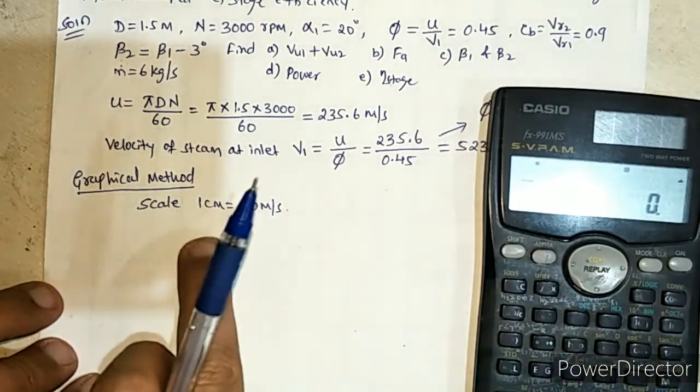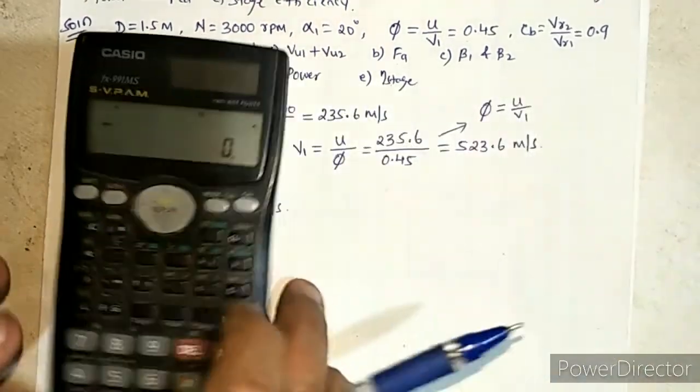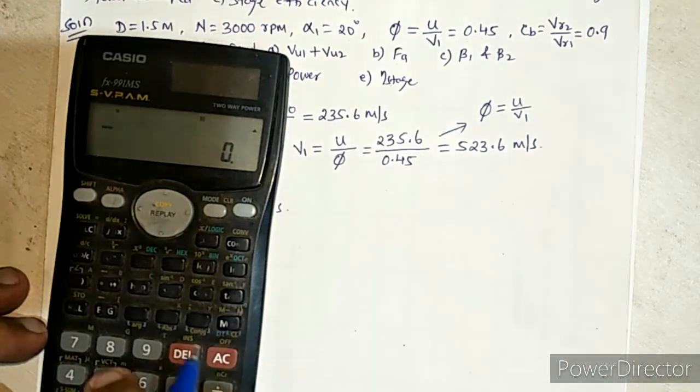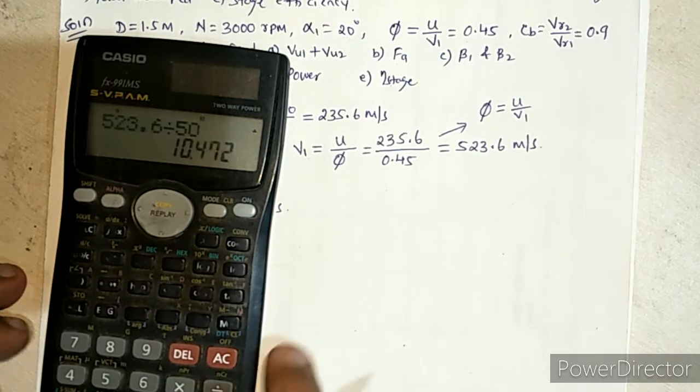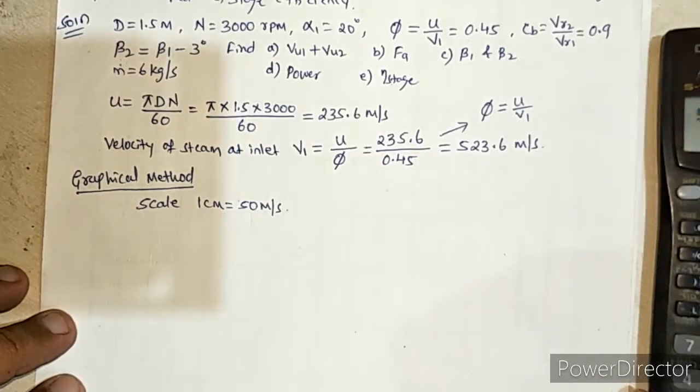With the help of this scale, 1 centimeter is equal to 50 meters per second, 523.6 divided by 50, so it will be 10.47 centimeters.